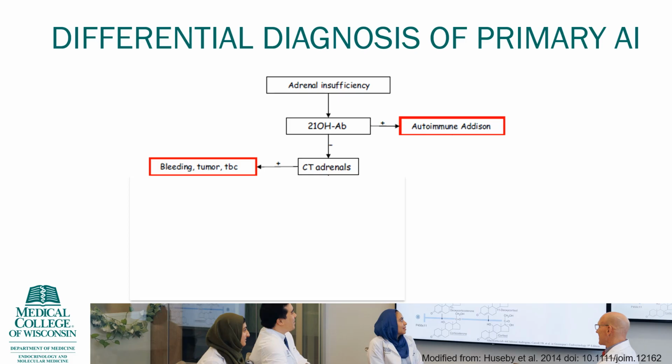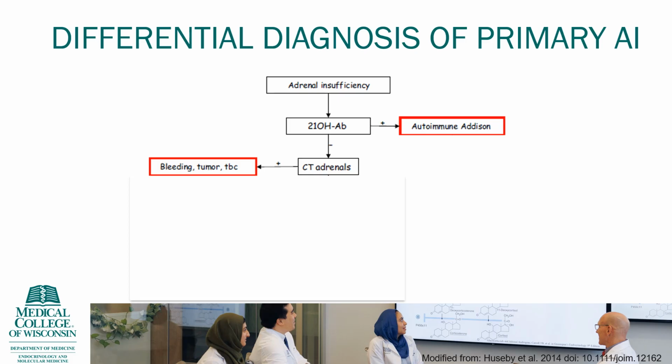So in patients who have been diagnosed with adrenal insufficiency, they have an elevated ACTH, those individuals have primary adrenal insufficiency. The next step is to figure out why. So the most important next step in the testing is measurement of 21-hydroxylase antibodies. So 21-hydroxylase antibodies are present in the vast majority of patients who have autoimmune adrenal insufficiency.